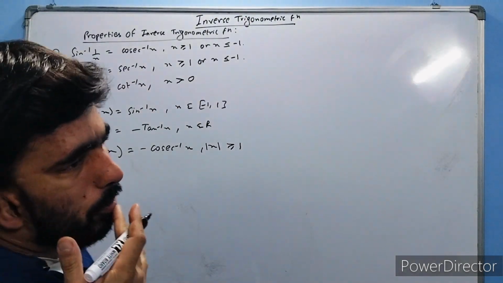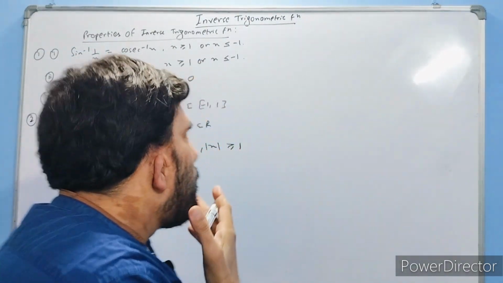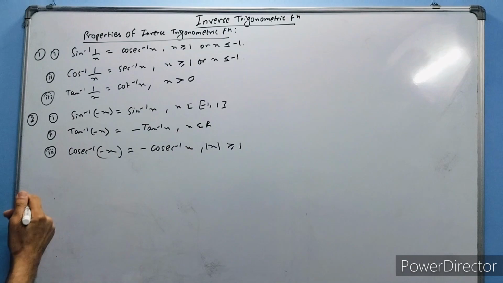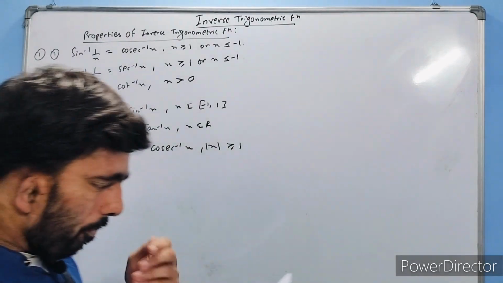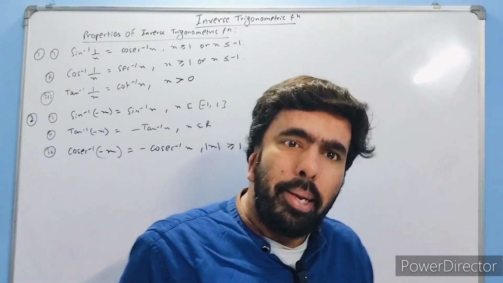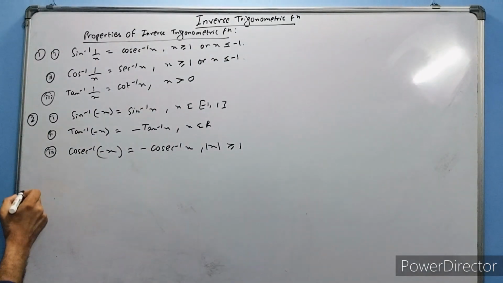These are the most important properties, but we have to remember a lot more so that we can apply them in the numericals. So let us see what is given.